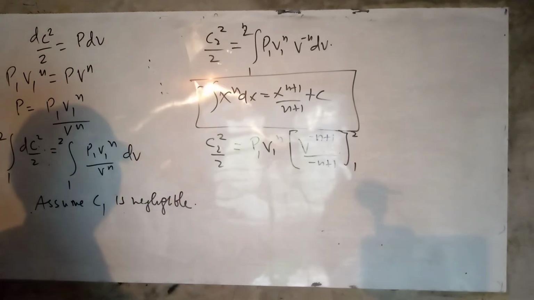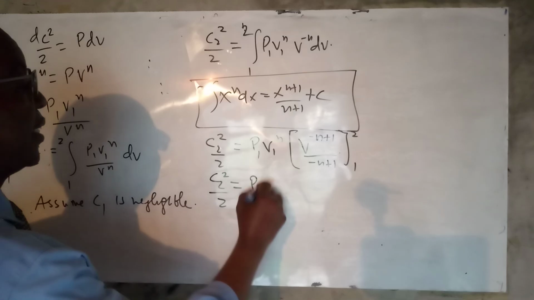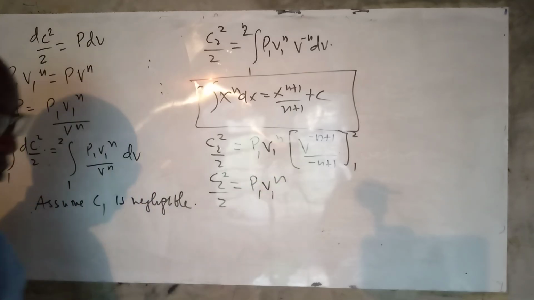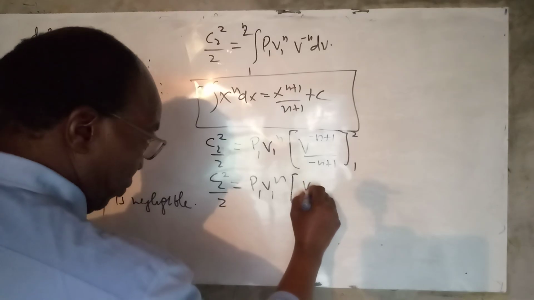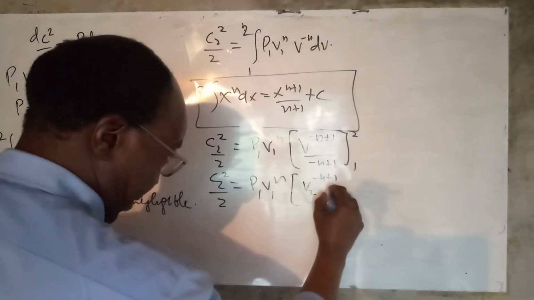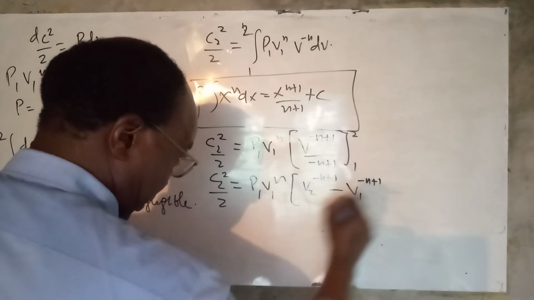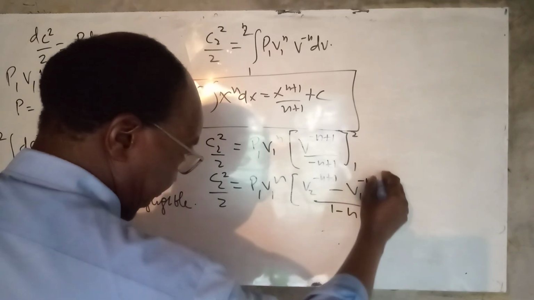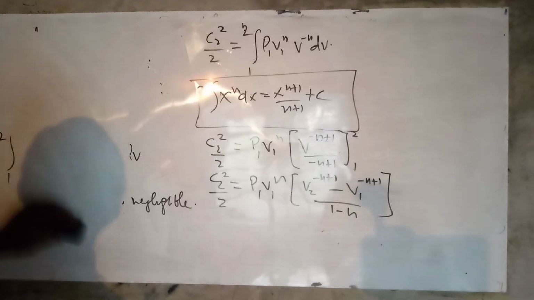So we can open up this expression there as we have done in the past. If you open up that expression, then you have V2^(-n+1) minus V1^(-n+1) over 1 minus n. So let's simplify that expression further.